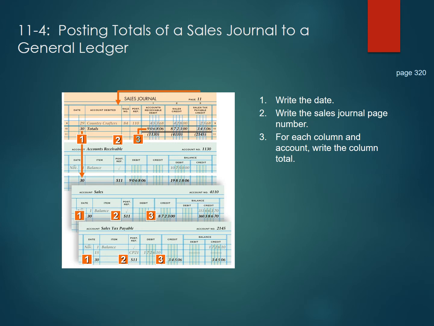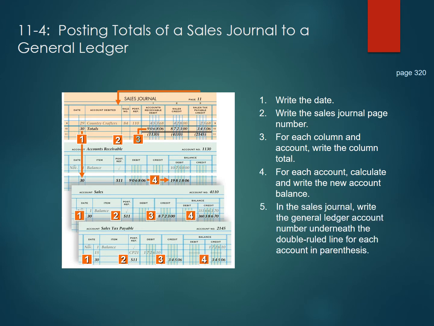Calculate our new balance, and then the last step would be to go back to our sales journal and record in the sales tax payable column in parentheses the account number. This shows that we have posted all 3 specialty columns into our general ledger accounts.